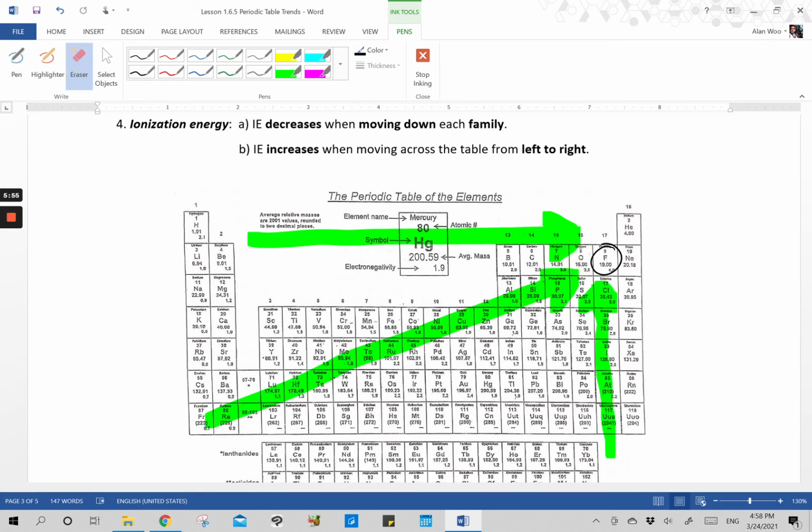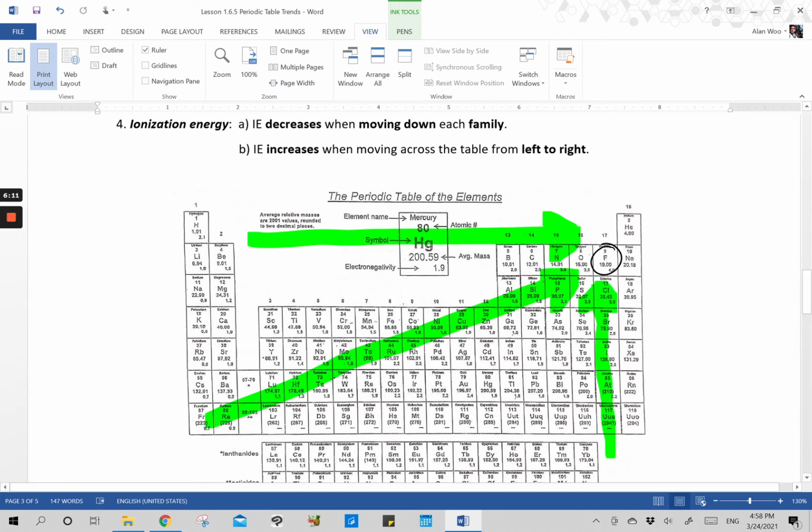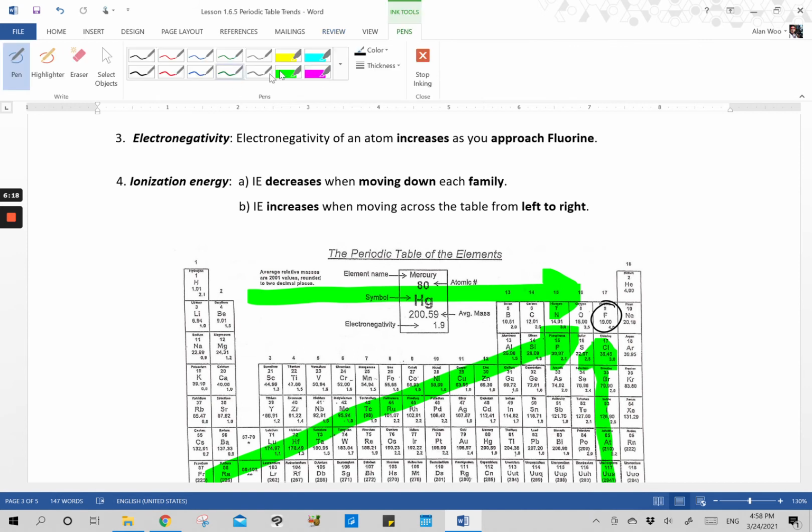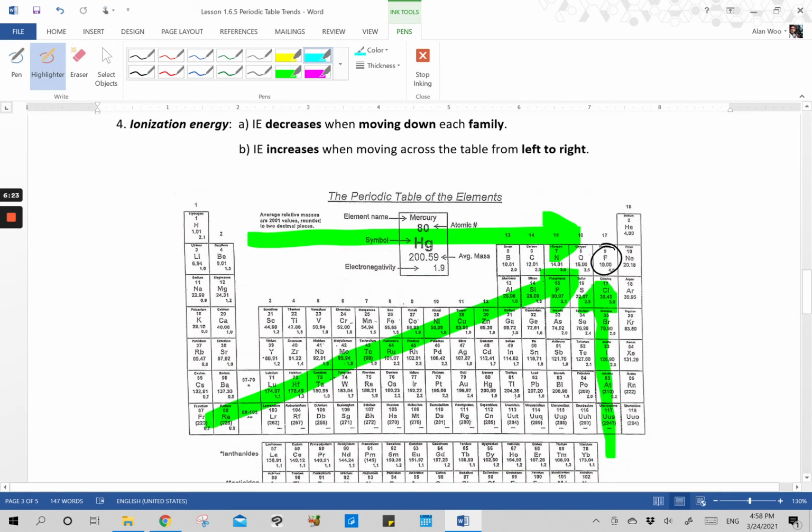So if we look at how the ionization energy trends fit in, ionization energy just means how much energy is required to remove an electron. We already know from that particular lesson that when you go down a family, ionization energy decreases.